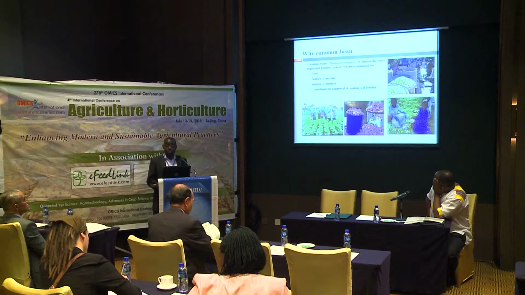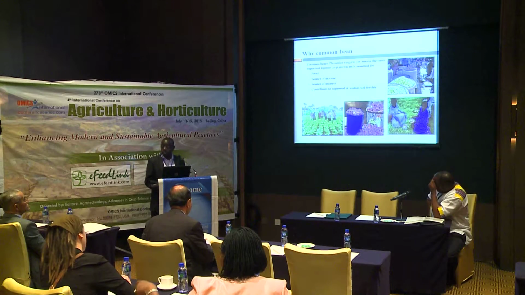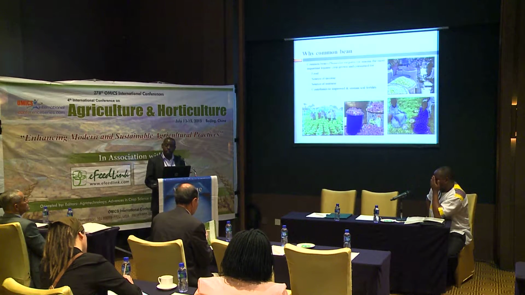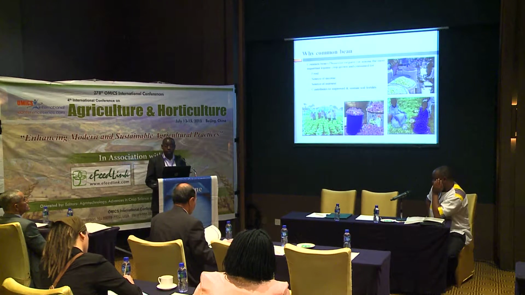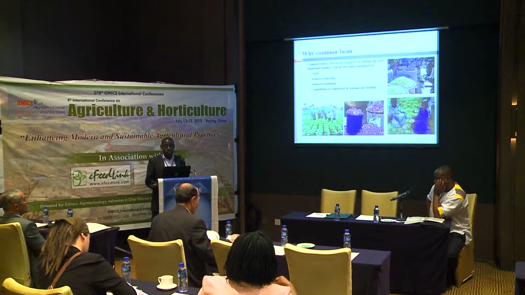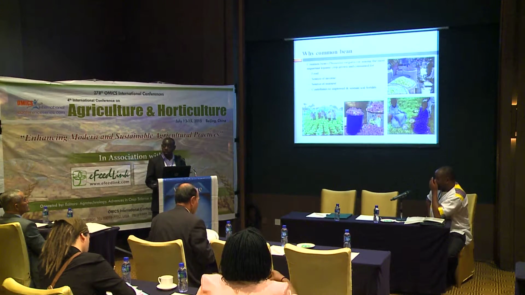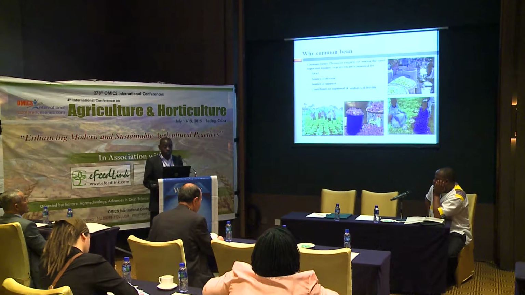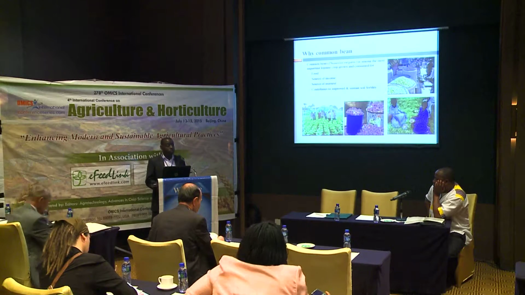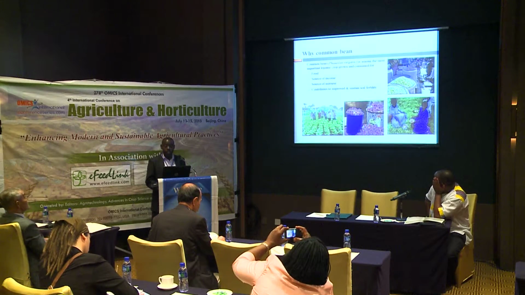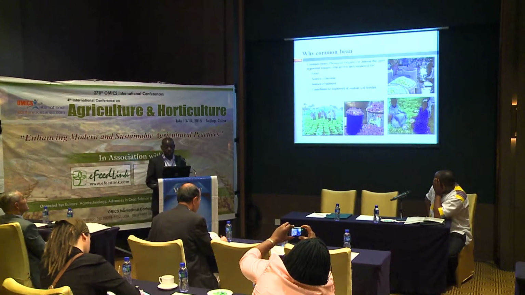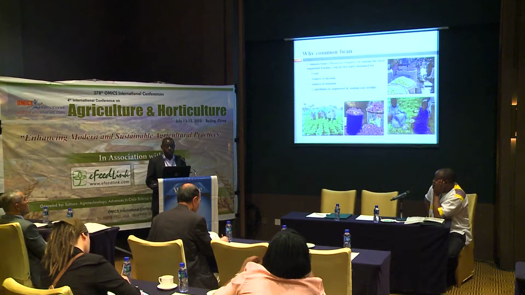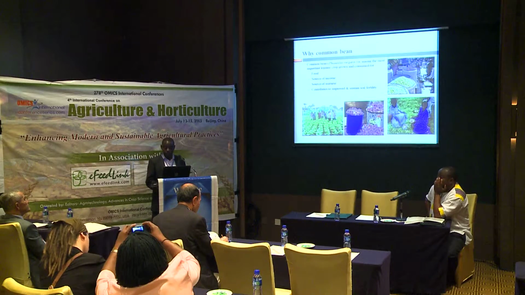The surplus is sold to generate income, and the leaves are consumed to provide iron and zinc for poor, malnourished farmers who cannot afford other micronutrient supplements. In addition, it's grown in intercrop with cereal crops as a crop which can provide nitrogen in smallholder farming systems.